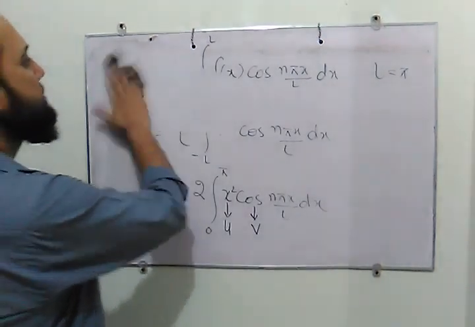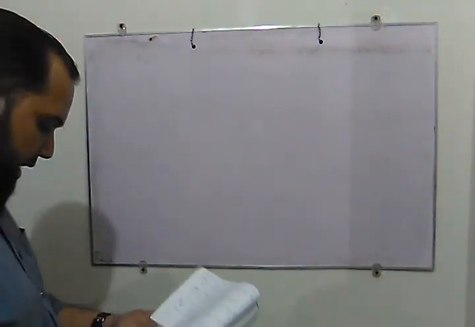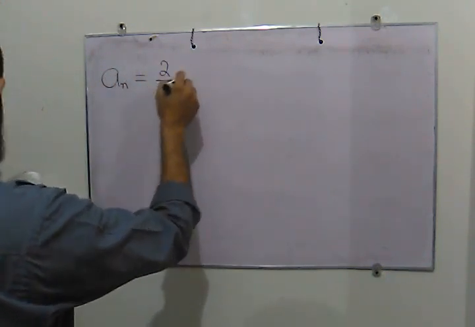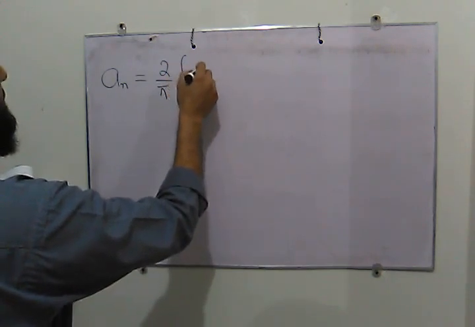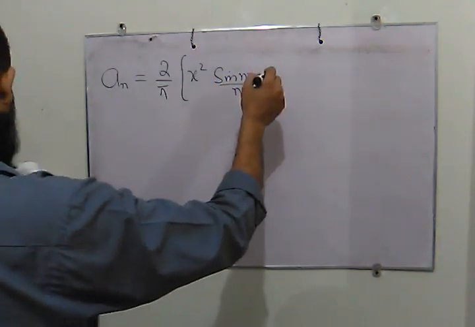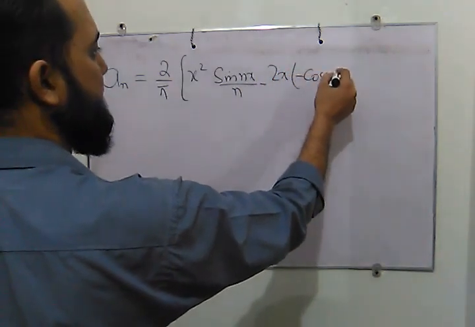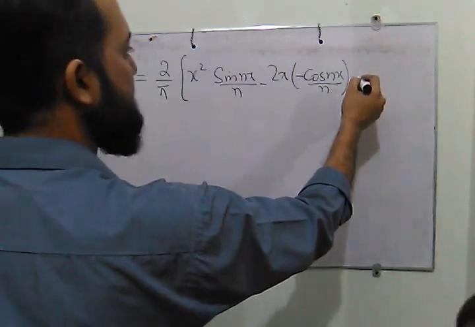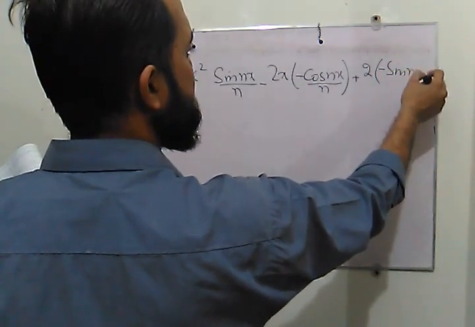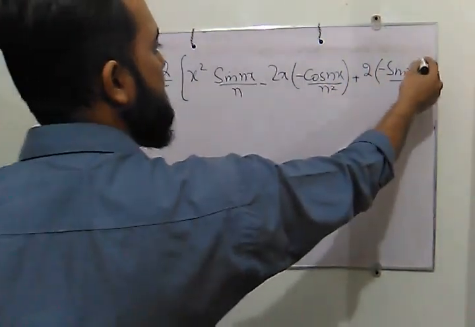If we are going to solve it for an, then it would become 2 upon pi, x square sin nx by n, minus 2x into minus cos nx by n square, plus 2 into minus sin nx by n cube.